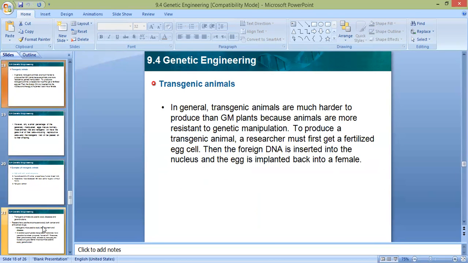So with transgenic animals, we said that it's harder to produce them than plants, because they are more resistant to genetic manipulation.